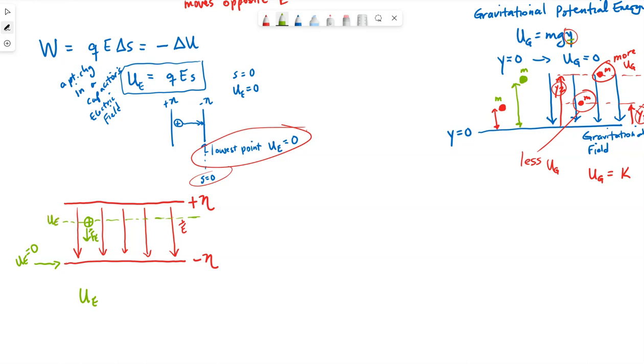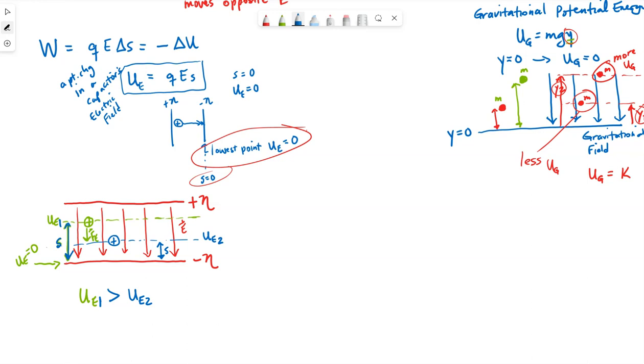The electric potential energy it has right there is based on how far away that positive charge is from this negative plate. If I took a positive charge and put it, say, down here, so it was closer to the plate, it would have potential energy as well, but the potential energy here would be less than the potential energy it had if it was farther away up here.